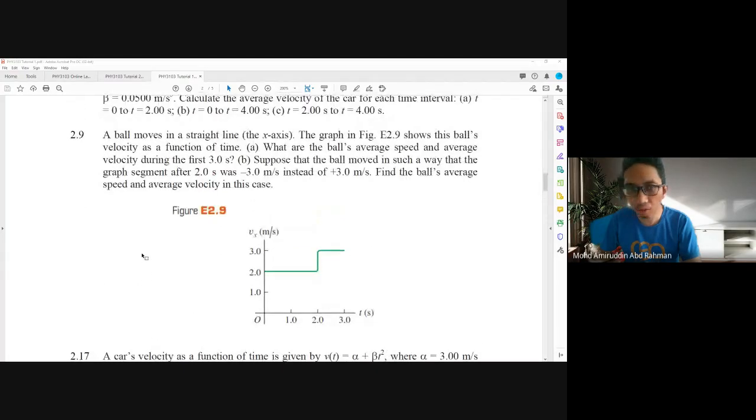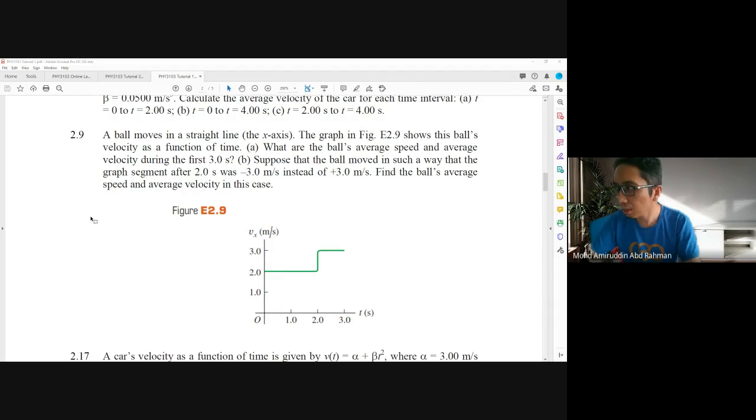Okay, we will look on the problem 2.9. Okay, for the problem 2.9, let's say a ball moves in a straight line, the x-axis, okay, and then the graph in figure E2.9 shows this ball's velocity as a function of time.